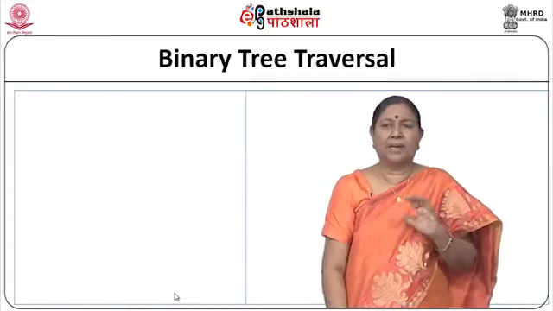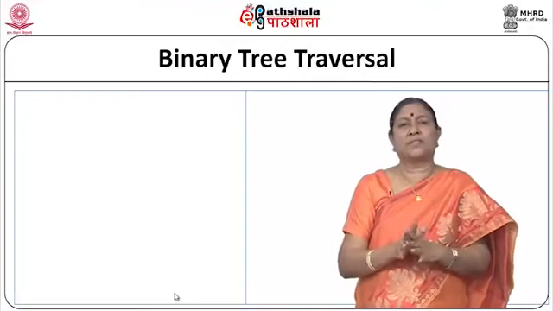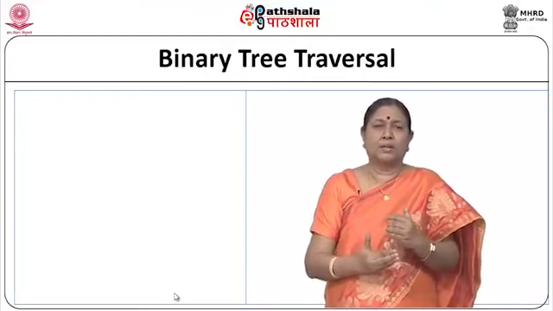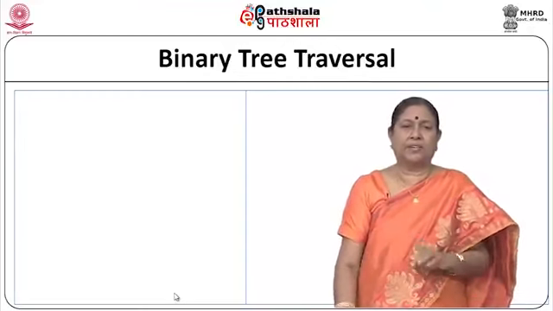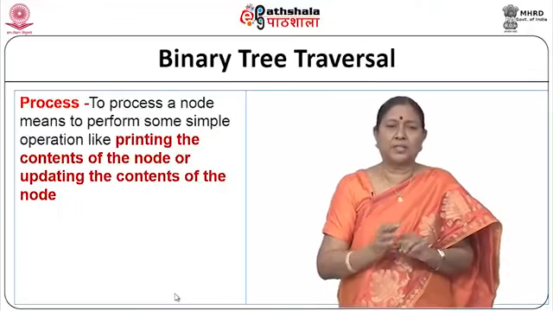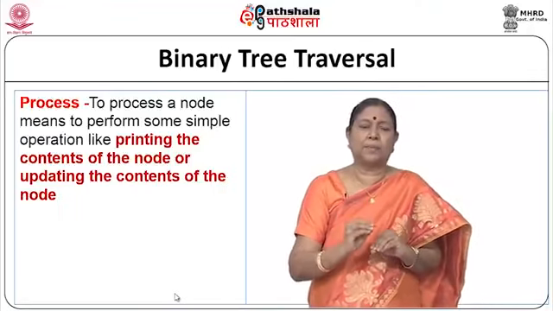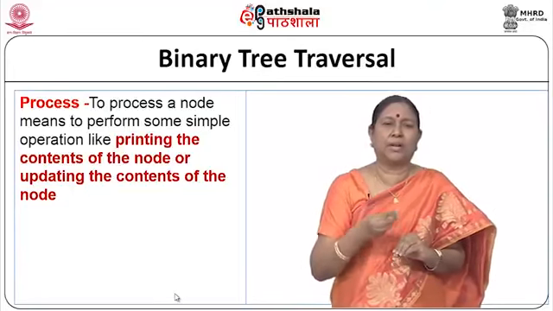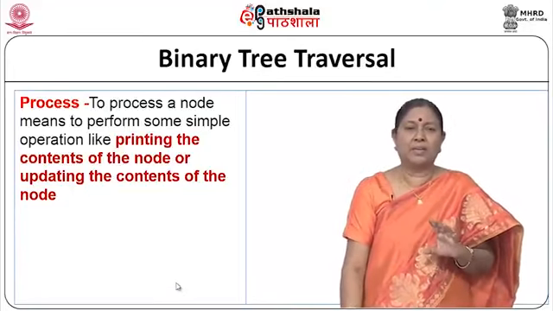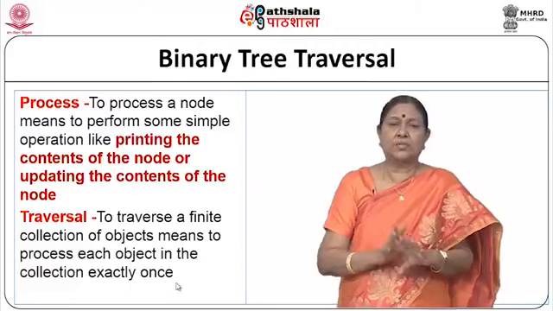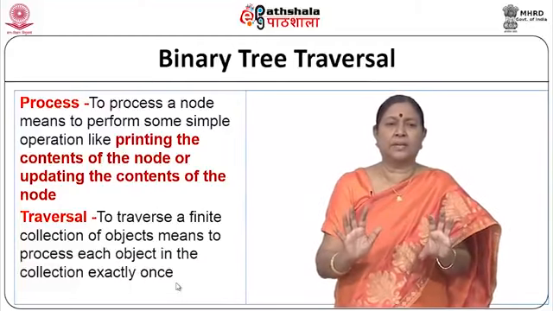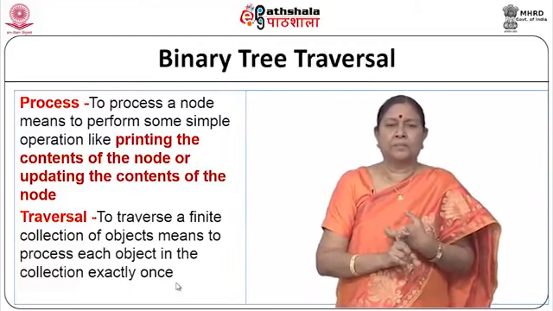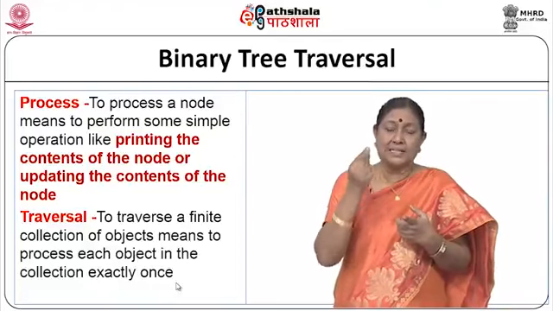So, now let us look at binary tree traversals. We just looked at traversals from the general tree, but it is much more important to look at it from the binary tree angle. To process a node means to perform some simple operation like printing the contents of the node or updating the contents of the node. Traversal means to traverse a finite collection of objects, processing each object in the collection exactly once.